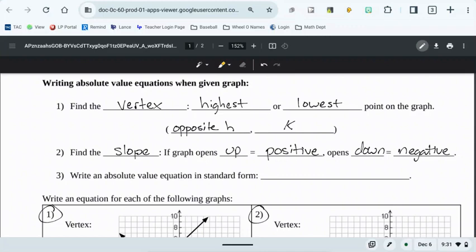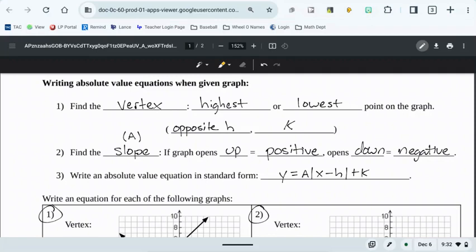And then step 3, we want to write the absolute value equation in standard form, which, as a reminder, is y equals a times the absolute value of x minus h, close the absolute value, and then we're adding our value for k. Remember, a is the slope. So let's write this, find the slope, which is a. Add that to your notes.